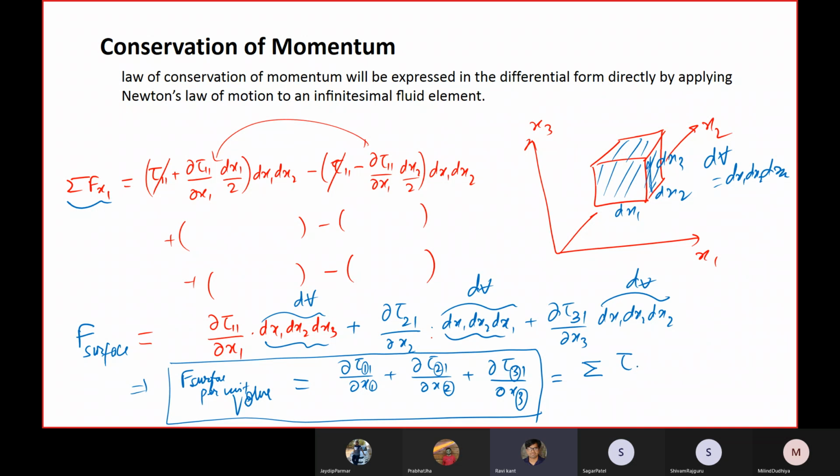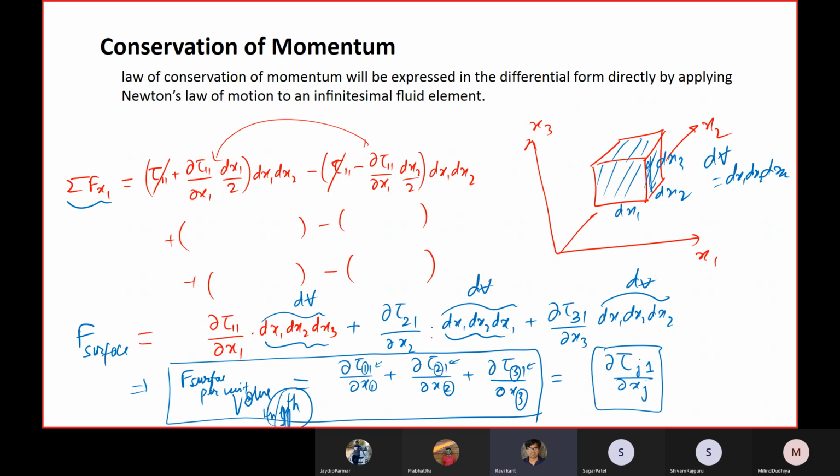I'll write tau j1, since I'm talking about force per unit volume in the first direction, divided by ∂xj, and the summation sign I will omit. So this is how I write tensor notation, in the first direction.